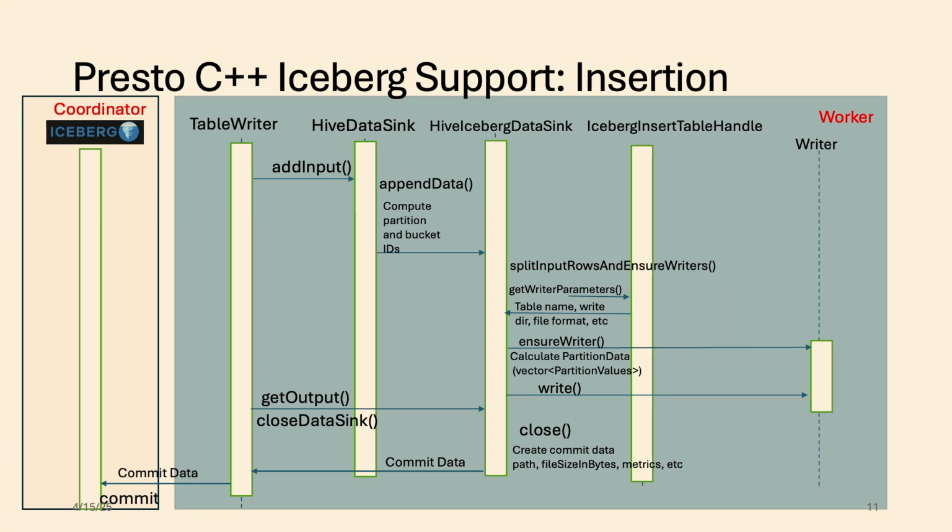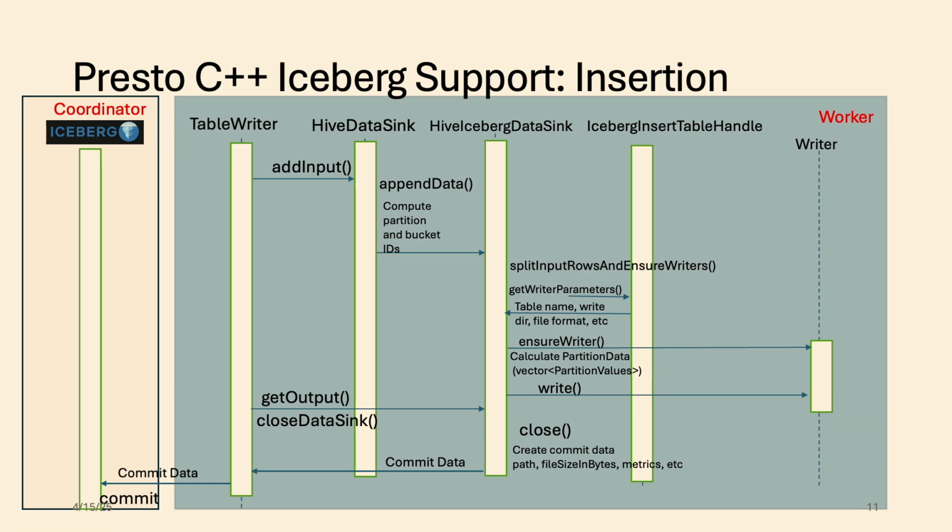Iceberg writes every column, whether partitioned or not, in the data file. So we have to remember what the partition values are, and we collect them at this moment.